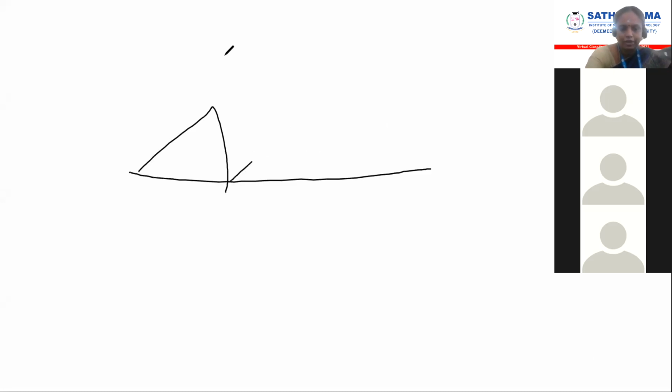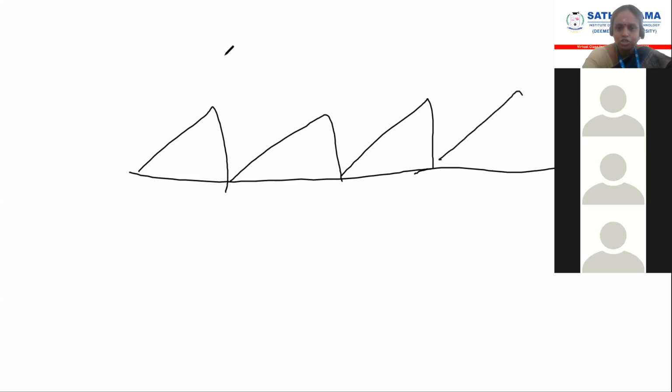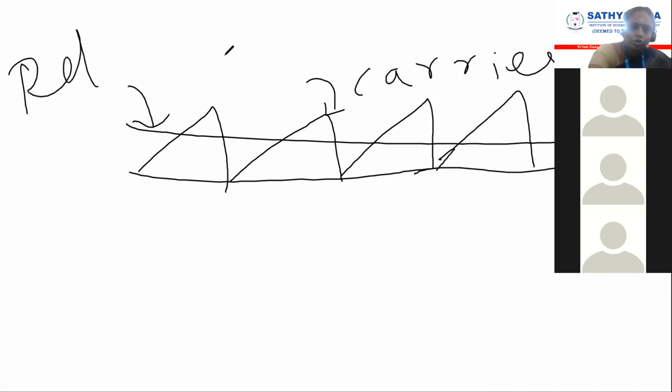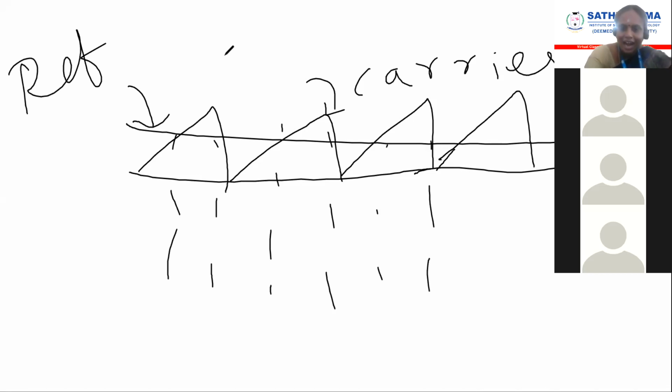I'm drawing one sawtooth waveform. You all understand? This is my sawtooth waveform. Here we have studied the carrier wave and reference wave. This is my carrier wave, and this is my reference wave. Every time if I compare, when the values are equal, what happens?